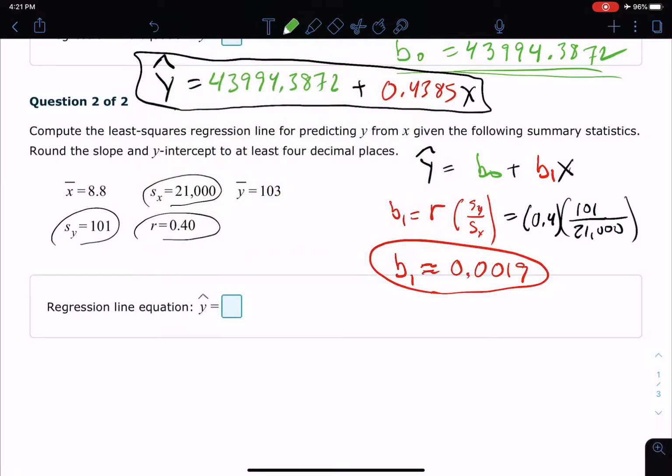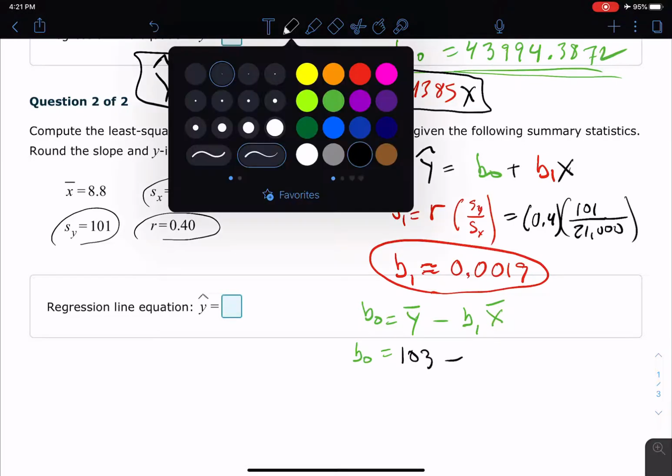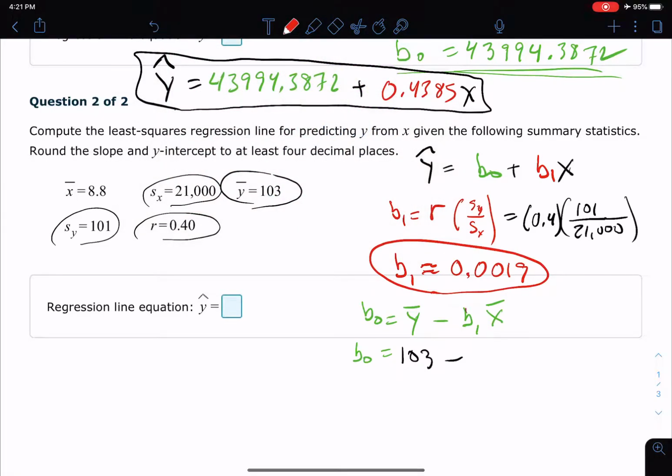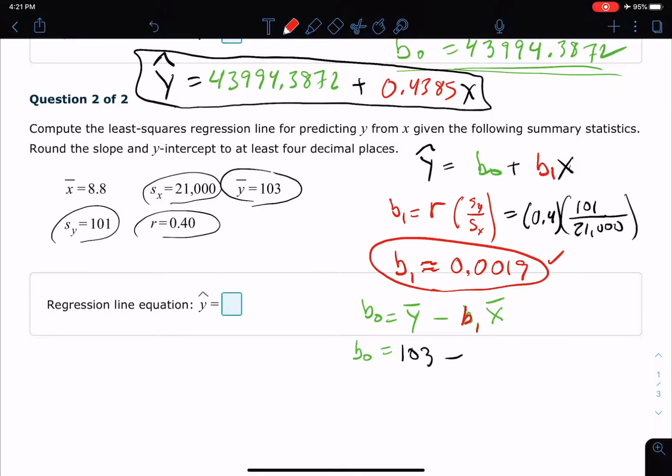Next, we're going to want to get our b sub 0. Remember, for b sub 0, the formula is y bar minus b sub 1 times x bar. So we have to grab y bar. Y bar is 103. Minus b sub 1, well, b sub 1 is the value we got before, right above. So b sub 1 is just 0.0019.